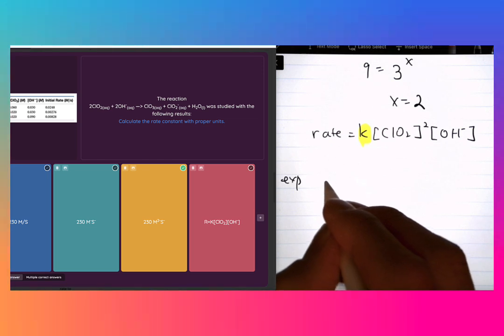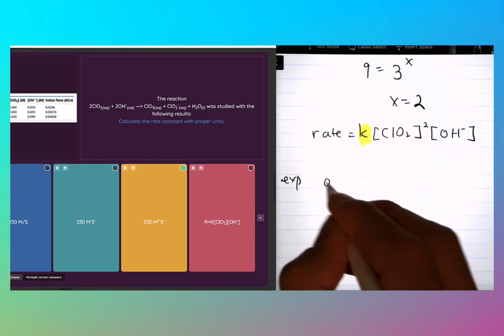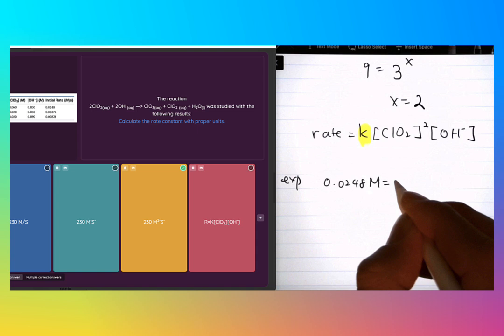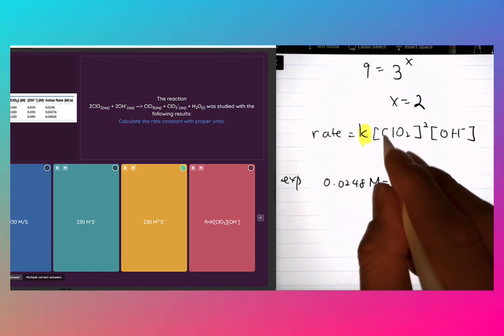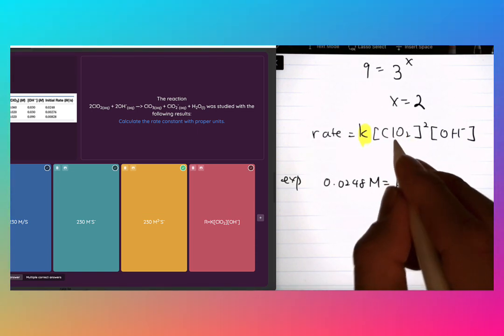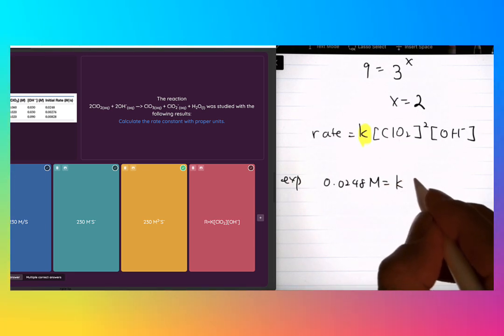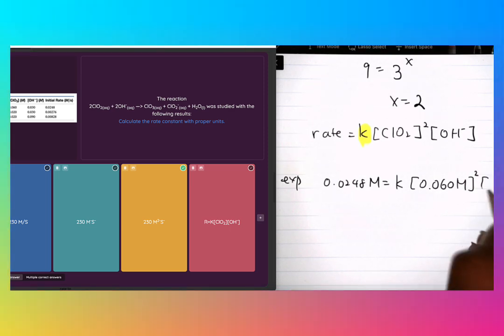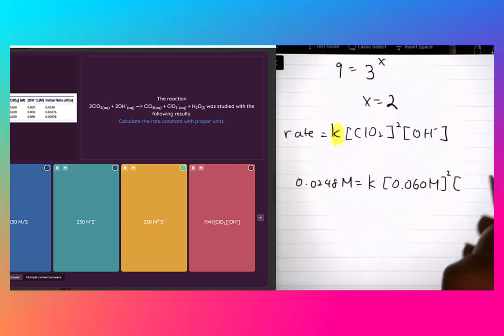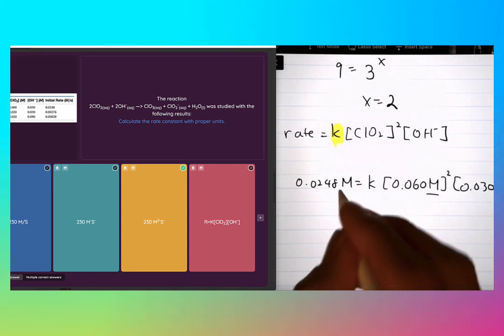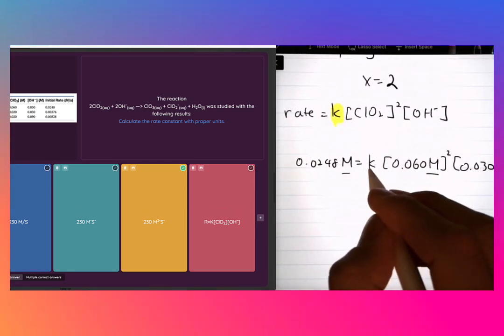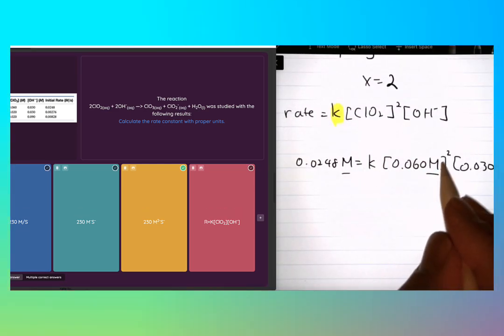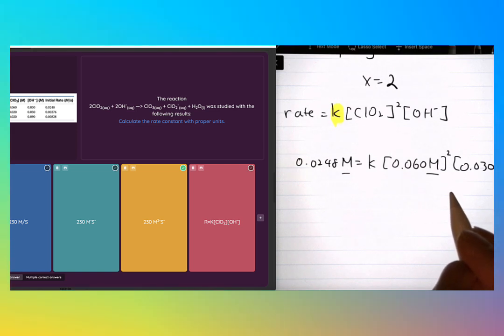So according to the first row, the initial rate is 0.0248 molarity. Now we have a K here, and okay, carry out the units as well. So ClO2 in experiment 1 has 0.060 molarity squared, and the hydroxide we have 0.030 molarity. The reason why I mentioned you want to have the molarity is that when we find the unit of K, you can cancel out the units using unit cancellation or dimensional analysis.